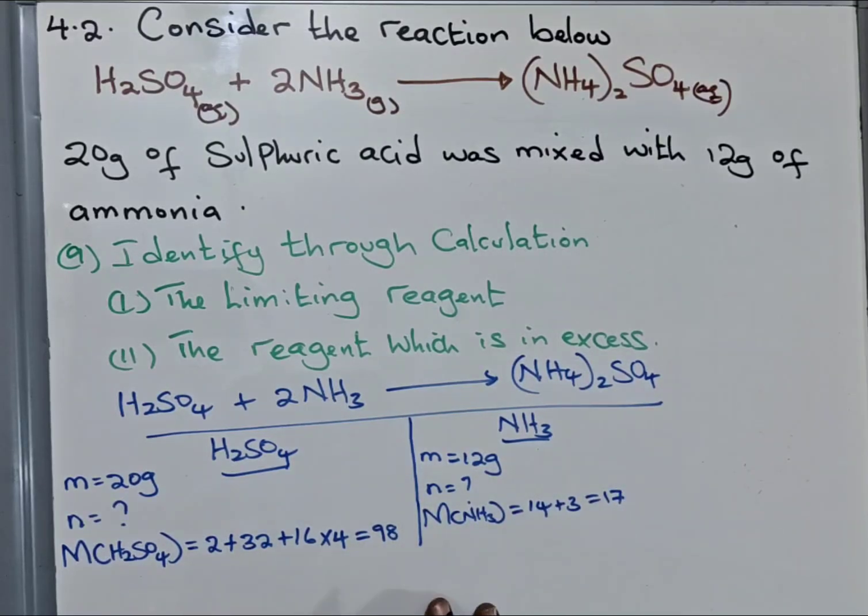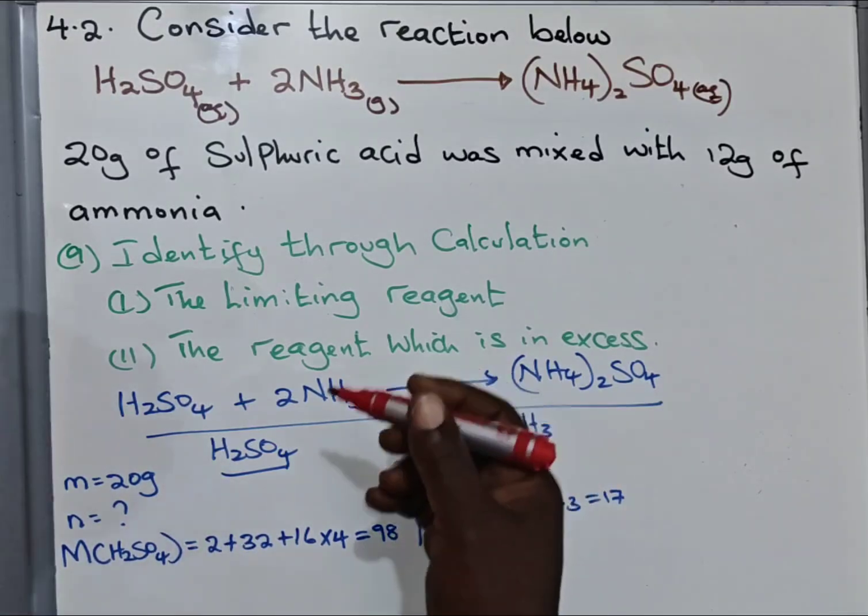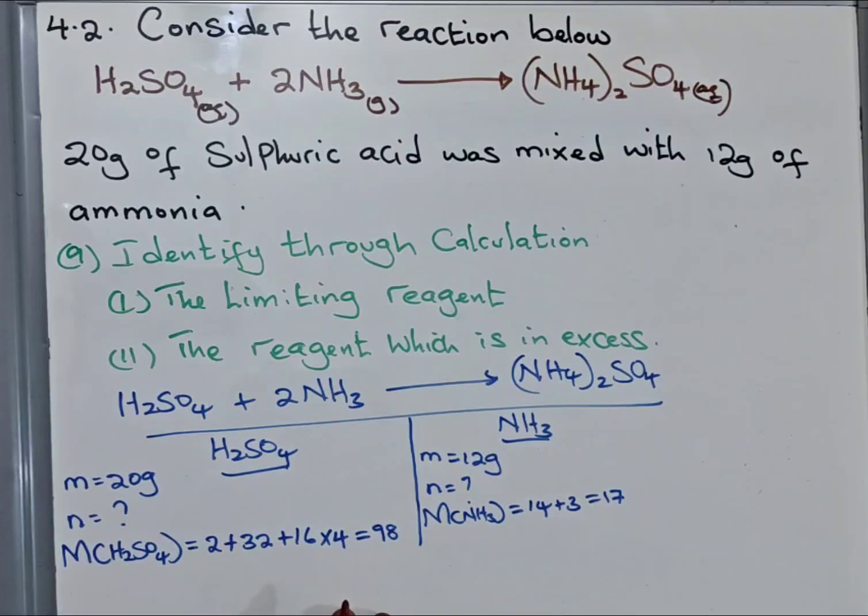Then we go ahead and calculate the number of moles. Here, we are going to use the equation n is equal to m over molar mass. And what is the mass? The mass is 20 grams, and the molar mass of sulfuric acid is 98.